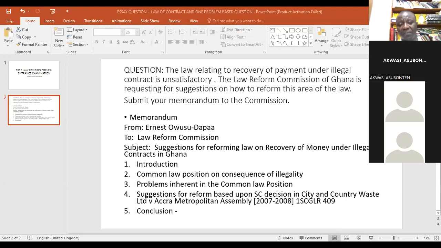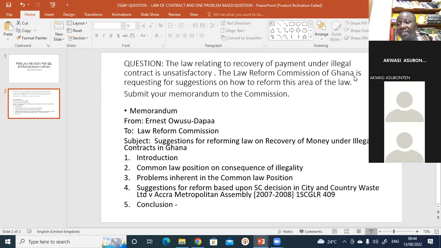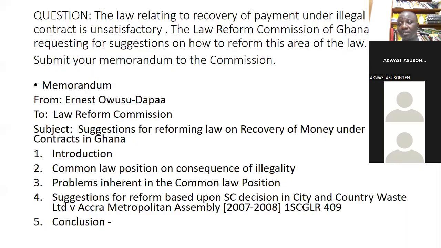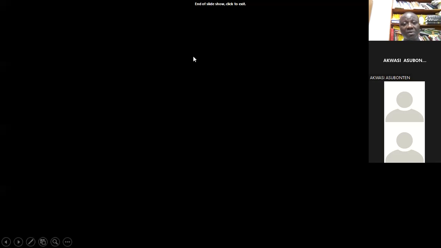Let me just expand it so that you're able to see. The screen has disappeared. Let's hope it comes.